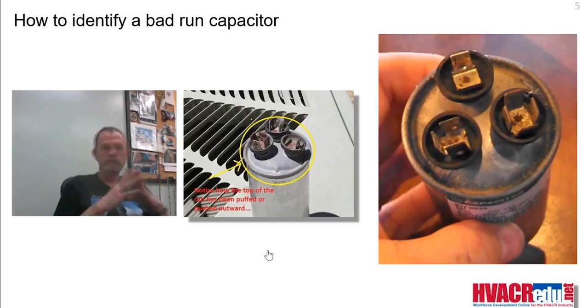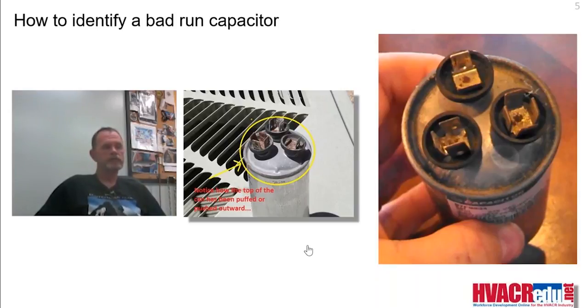Okay, so the number one tattletale of a bad capacitor, and there's no guarantee it will happen, is that the capacitor is swelled up at the top. This one is a bad photo, it would be better if we had got it more off to the side, but that one is swelled up on the top as well. Both these images show a dual run capacitor.